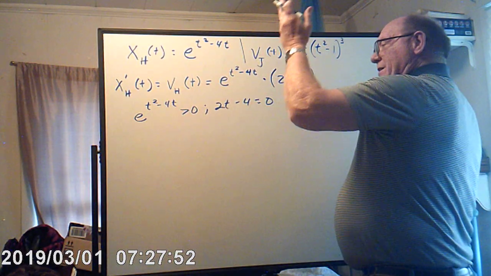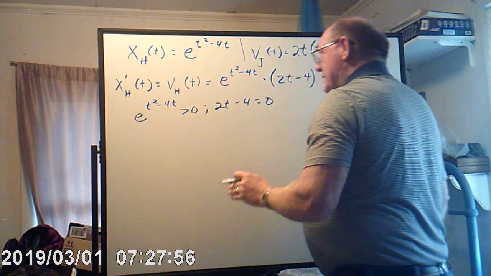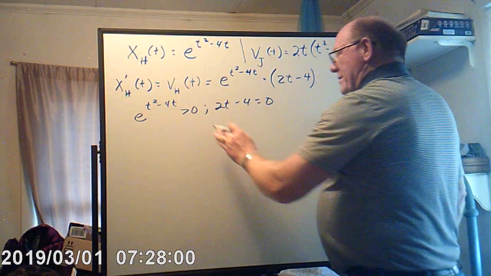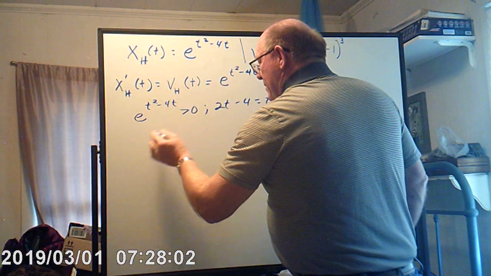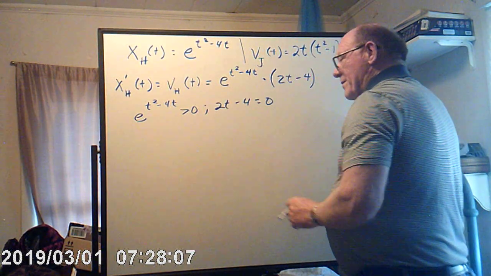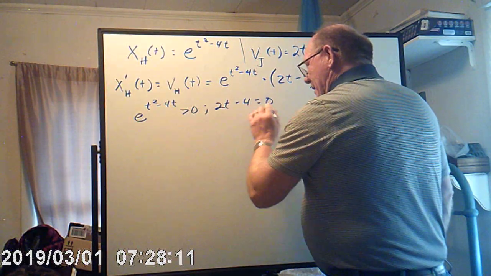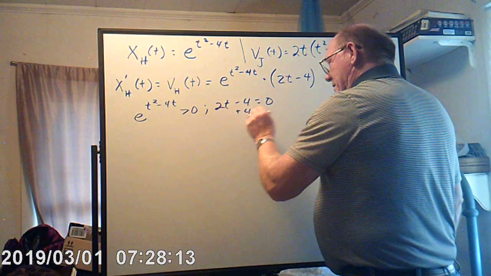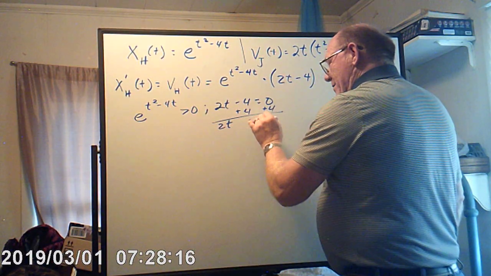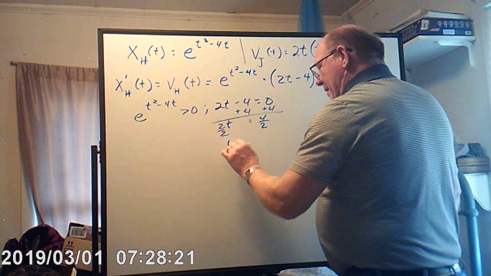All right. So first get your velocity. If you don't have it, you have this one already. You just needed to get this one. Then say, okay, it's always greater than 0 here. On that interval from 0 to 5, it's always going to be positive. This here, we solve: plus 4, 2t is equal to 4, and then I divide by 2, t is equal to 2.